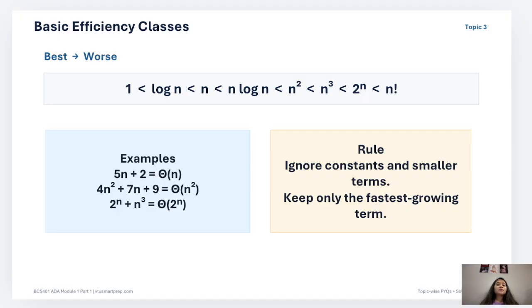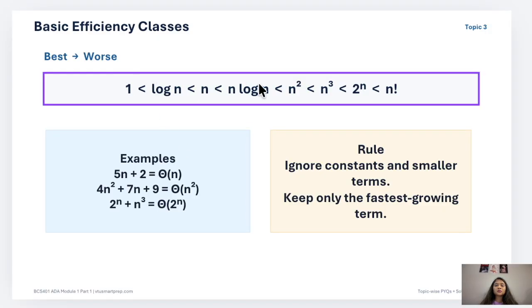So for example, you can see here n plus 2, which is theta of n, because the dominant term is n, and the 2 you have to ignore. Next example, here you can see 4n square plus 7n plus 9. So what I am doing here: 9 is a constant, I am ignoring it. 7 is a constant, I am ignoring it. 4 is a constant, I am ignoring it. n square is the dominant term.